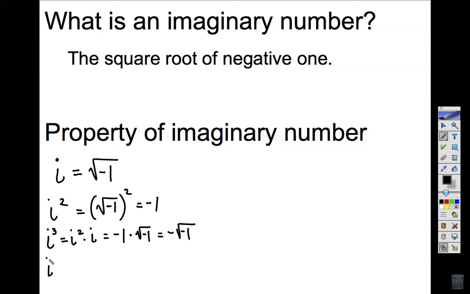And then i to the fourth power becomes i squared times i squared, which is -1 times -1, which is +1. If I do i to the fifth power, that becomes i to the fourth times i, which is +1 times the square root of -1, which becomes the square root of -1.